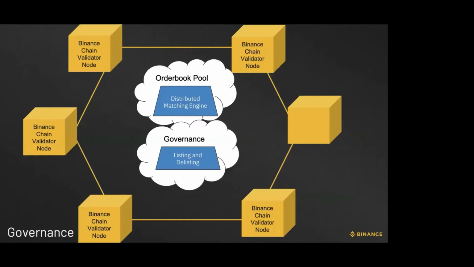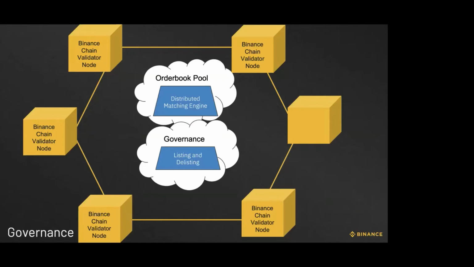On the other hand, Binance DEX has this match engine as an application on this blockchain. It uses periodic auction to match all available orders, and Binance DEX only accepts limit orders.